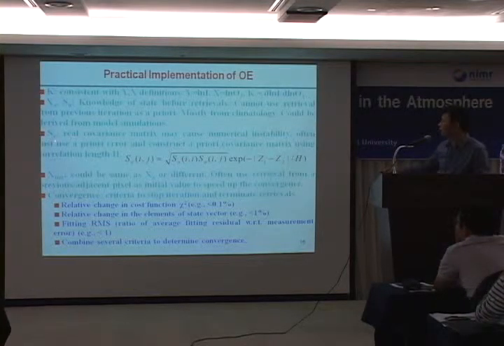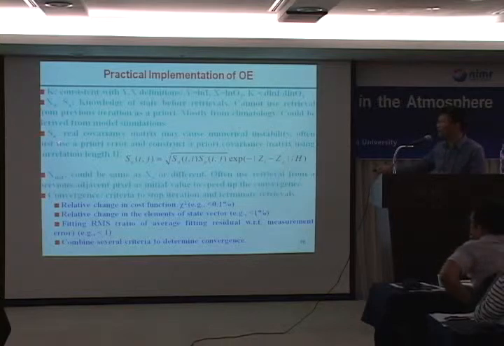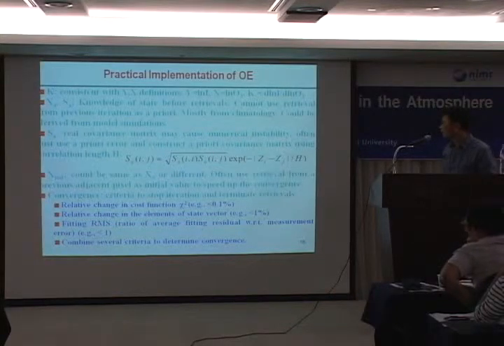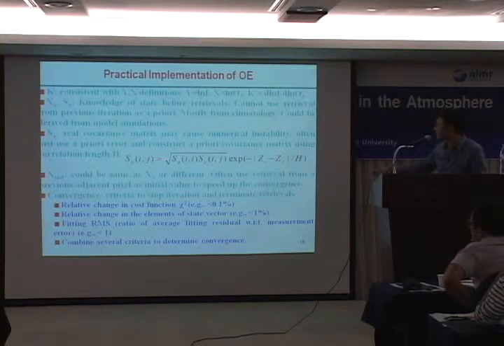Also for the a priori covariance matrix, typically we cannot use the full covariance matrix because it can cause a numerical problem. Often we just use the a priori error, then we can construct our a priori covariance matrix using some equation like this.